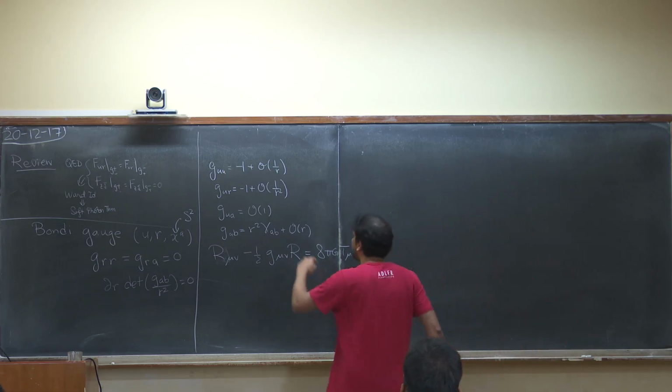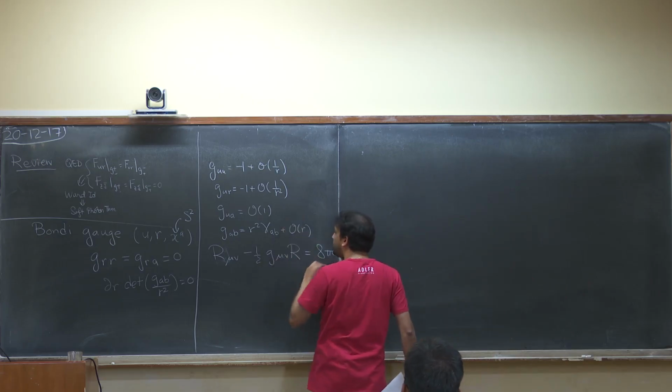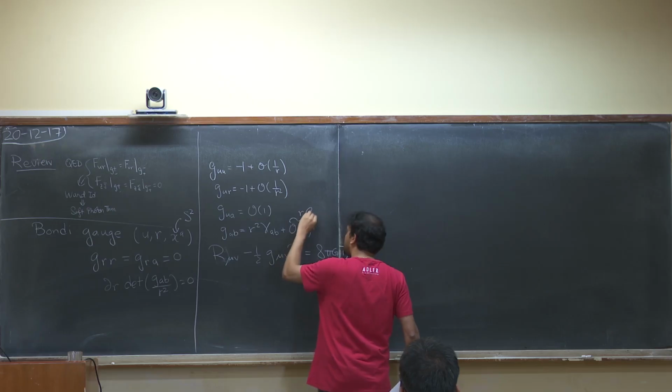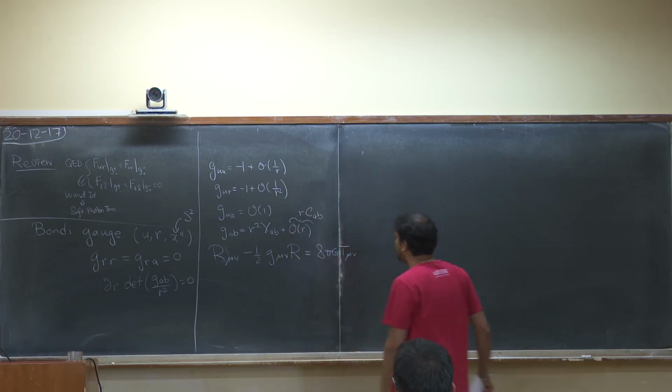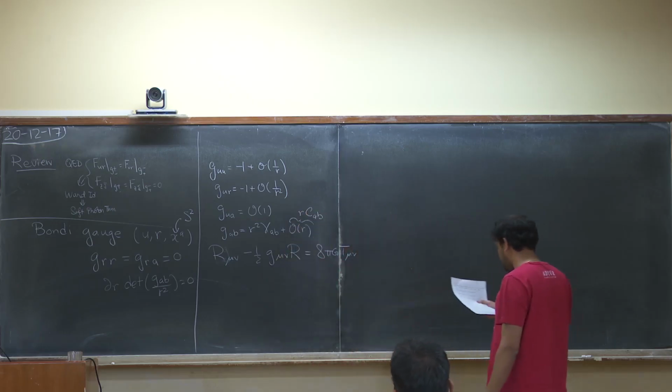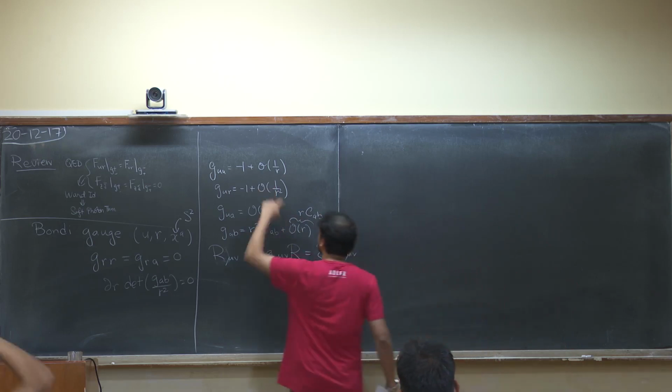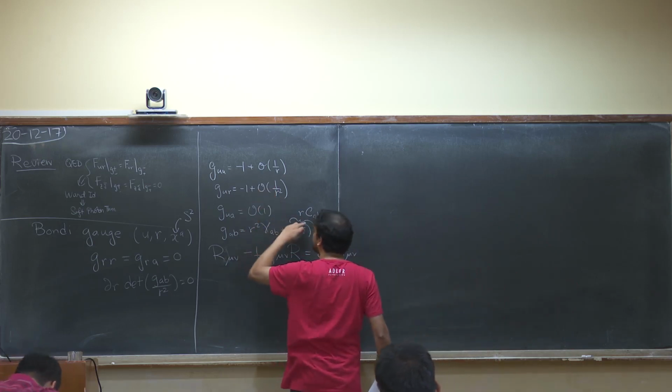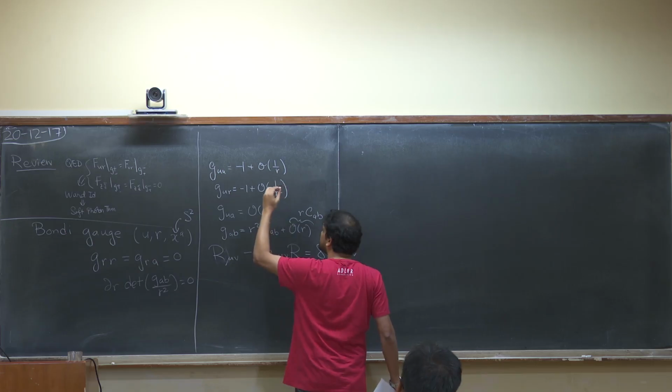And you'll find that the only data that needs to be prescribed is this coefficient right here, r C_AB, which I'm going to call C_AB. And then everything else is basically given in terms of this via some sort of constraint equation.